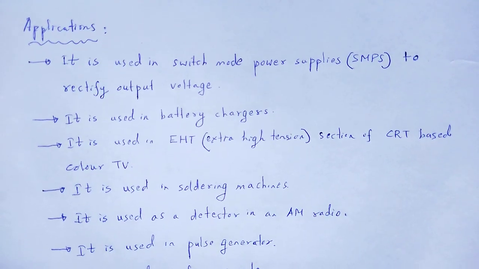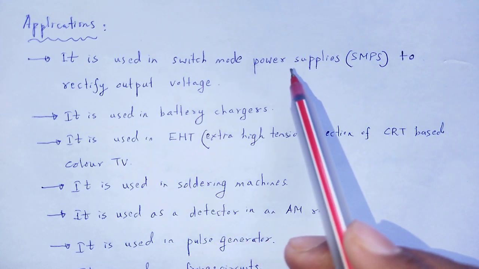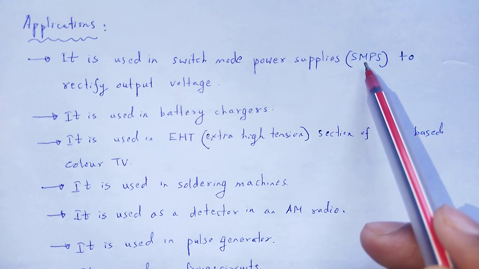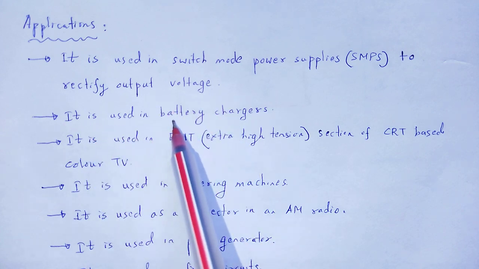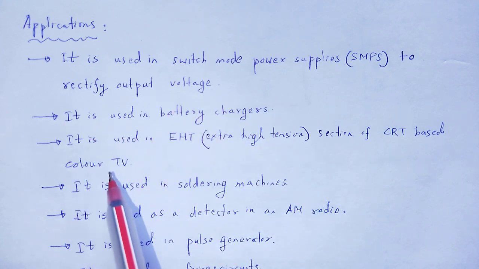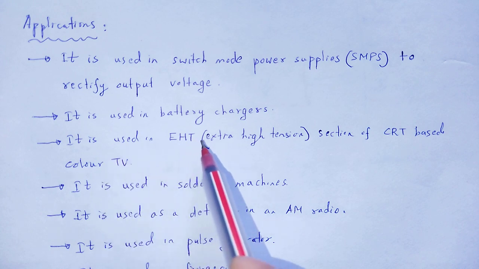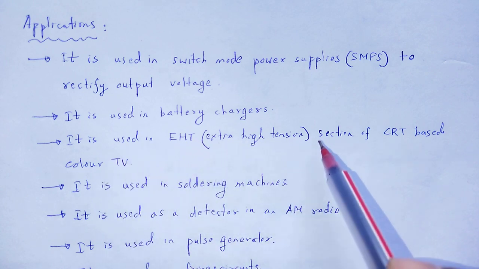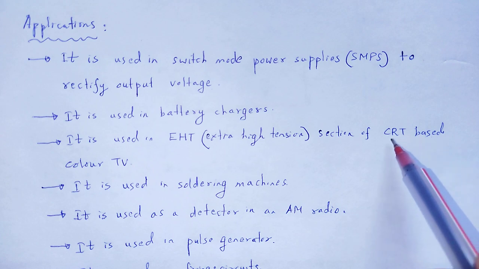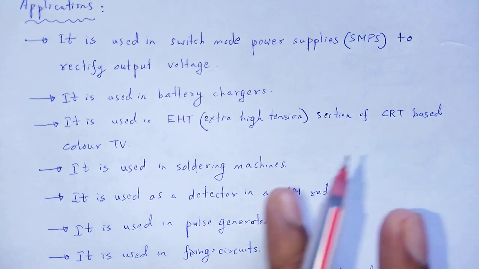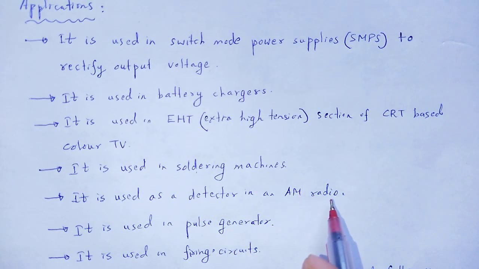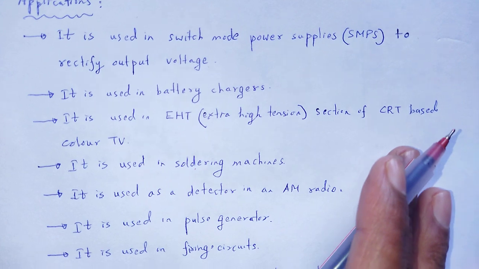Applications: it is used in switch mode power supply, that is SMPS, to rectify output voltage. It is used in battery chargers, in the EHT, extra high tension section of CRT, cathode ray tube based color TV, in soldering machines, and as a detector in an AM radio, amplitude modulation radio.